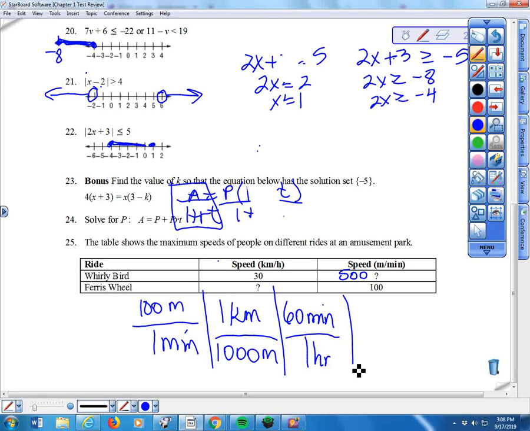I always check my units before I do it, just to make sure I end up with kilometers per hour, which is what I'm trying to get to. So I have 100 times 60 and divide that by 1,000. 6.